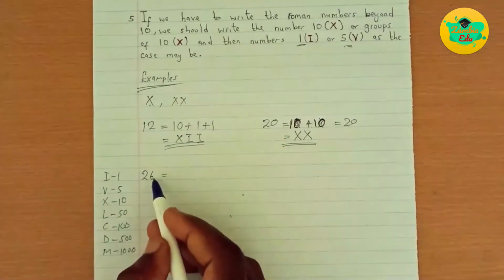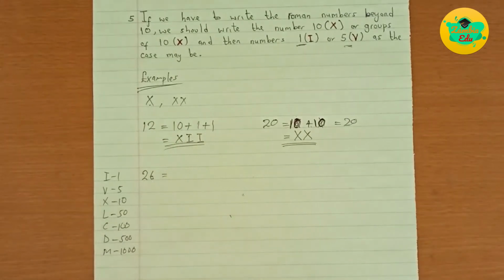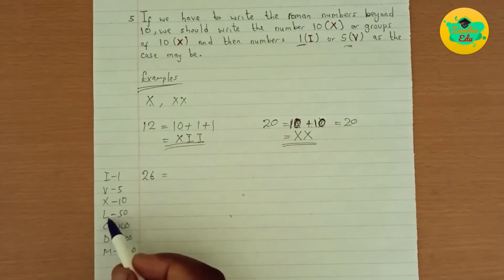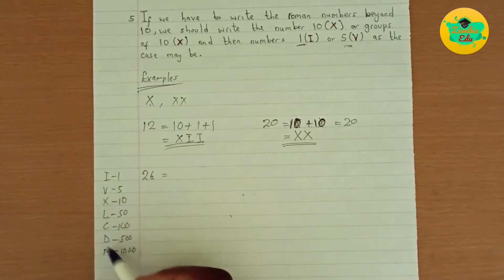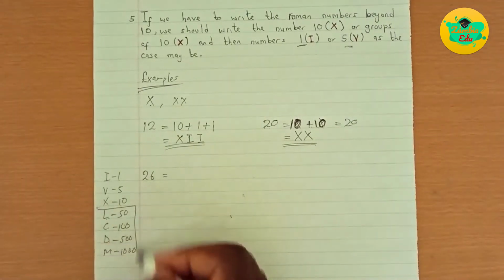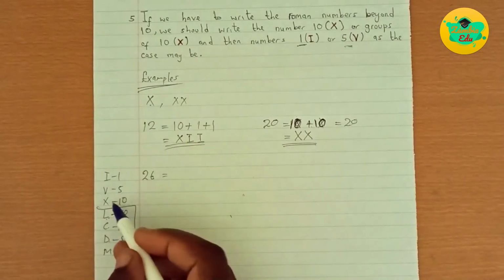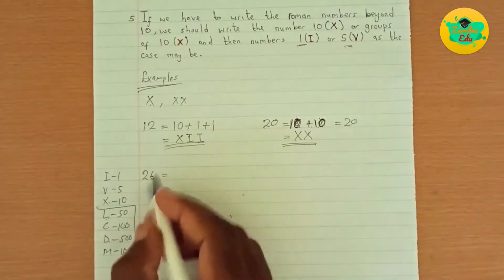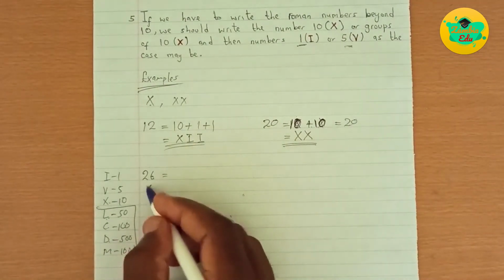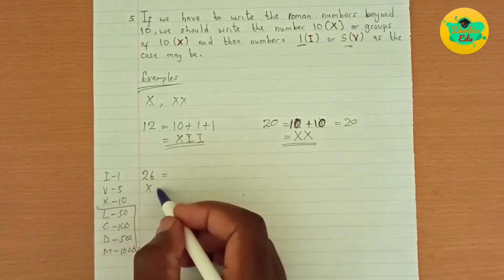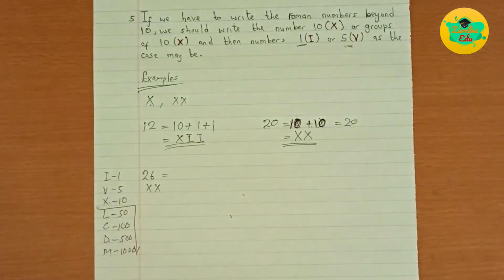So what are we going to need to come up with 26? Firstly, you can't use 50, L, C, D, or M because all these are beyond the value we are considering. So we're going to use a few groups of 10. We're going to carry 10 plus another 10.